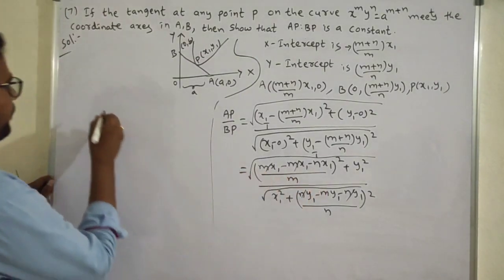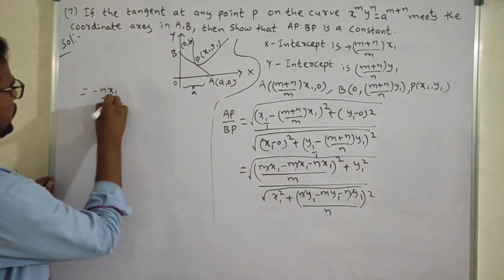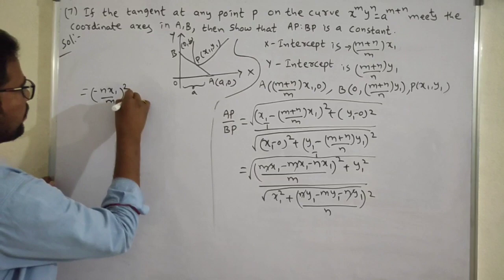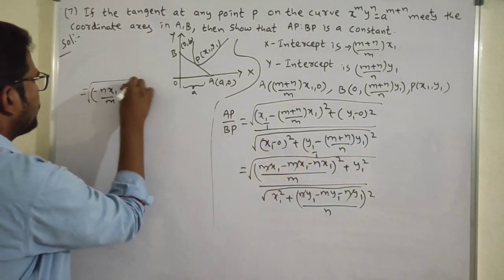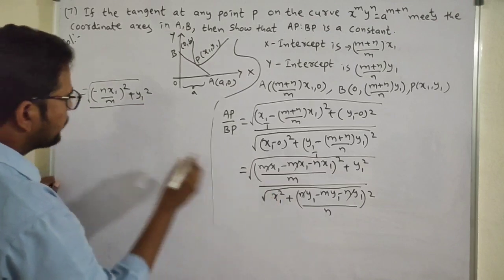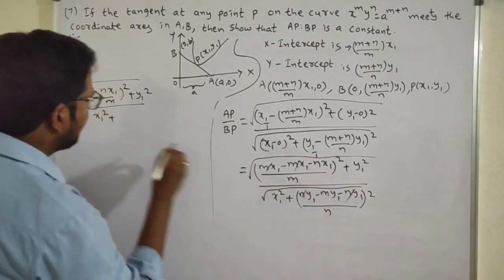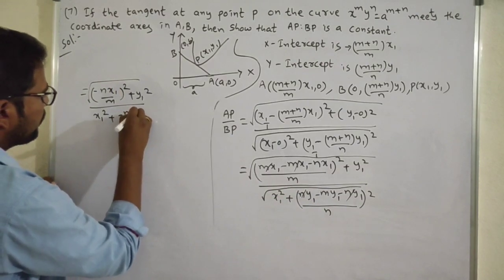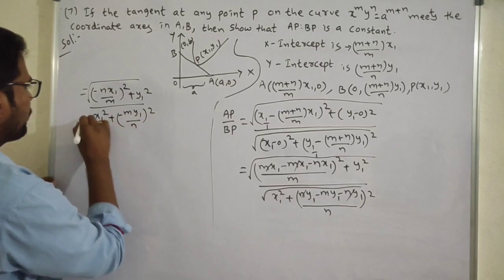Remaining is minus nx1 by m, whole square plus y1 square, under root, divided by x1 square plus the remaining minus my1 by n whole square, under root.